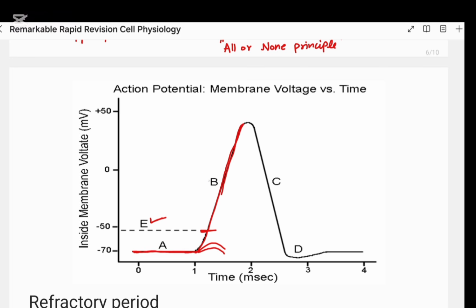This B is known as depolarization, meaning the positive charges are moving inside, making the cell less negative from the inside. And this C right here is repolarization, due to the movement of positive charges outside, or the outward current. This D right here is hyperpolarization.